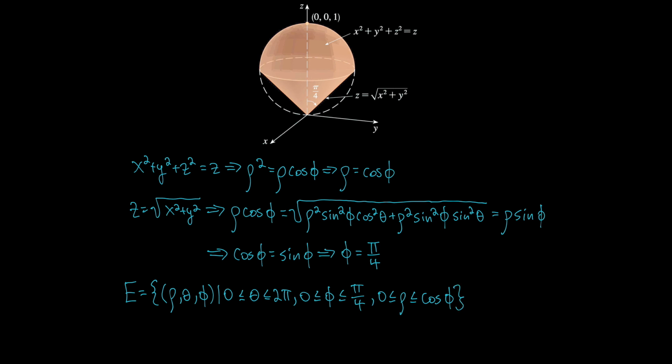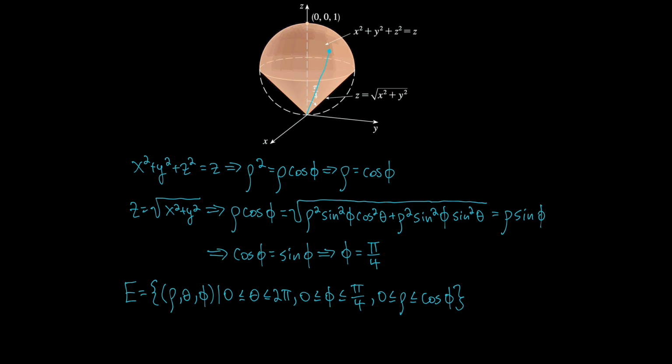So you can imagine that first, when we integrate with respect to rho, we're kind of drawing some point over here. The integral stacks up all these little pieces until we get this line segment. And then we integrate with respect to phi. So we move up and down until we get to pi over 4. So you can imagine stacking up all of these little guys as we rotate until we get to pi over 4.